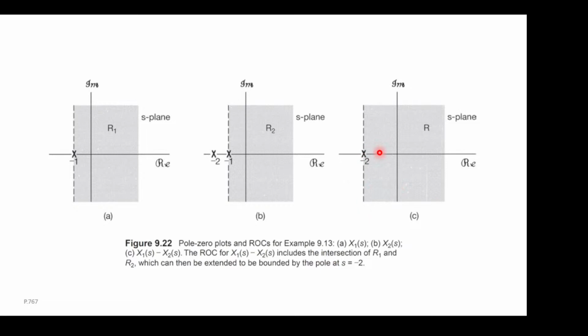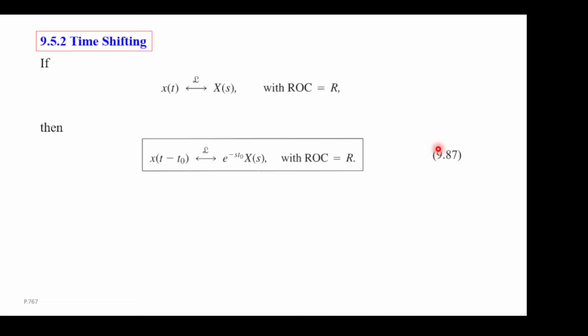Okay, but in general, your ROC should be an intersection of R1 and R2. So if you have an intersection of R1 and R2, you have the real part of s bigger than -1, but because this pole got cancelled, your ROC can extend a little bit. Okay, that's the example of the ROC getting bigger than what you expected.